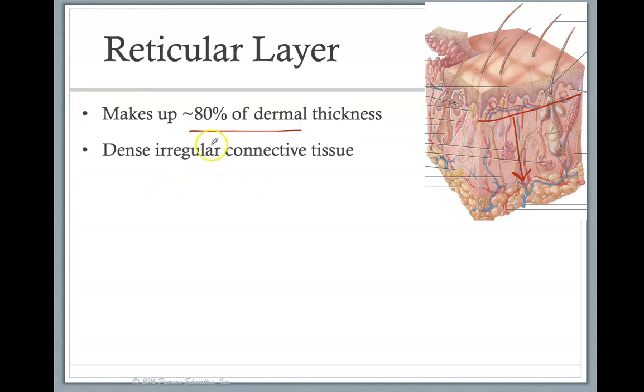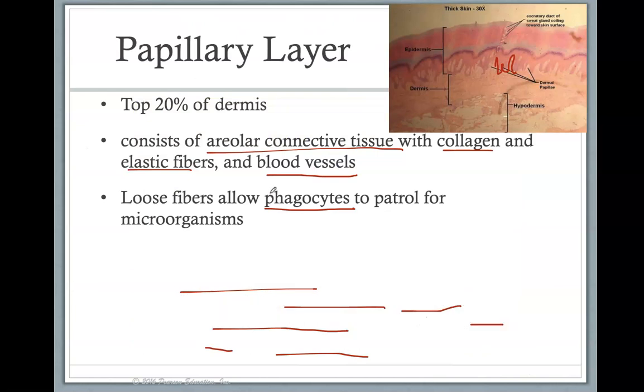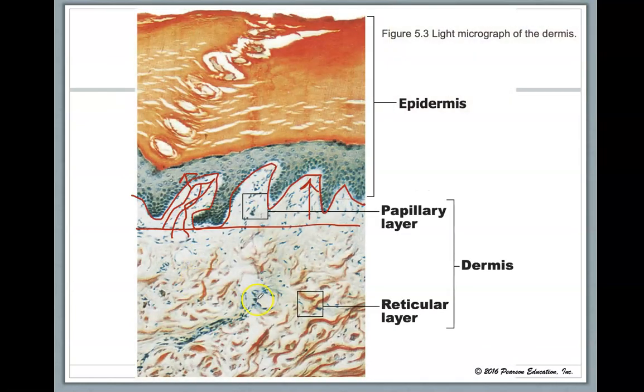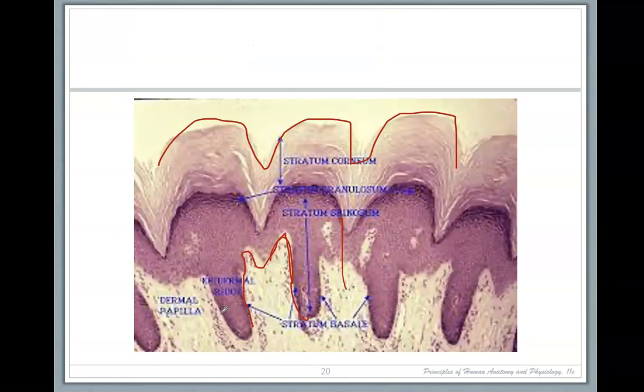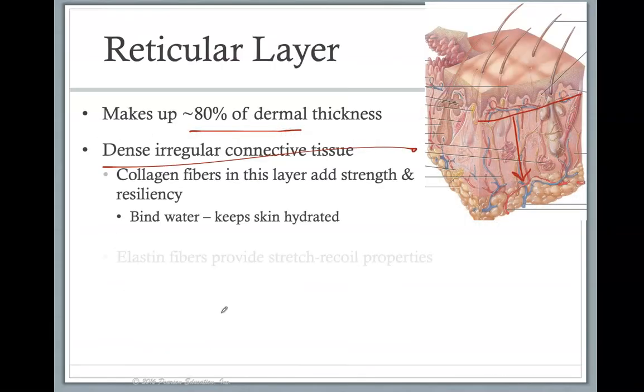And here it's going to be mostly this dense, irregular connective tissue, okay? And so you can really see that a few slides ago when I had this one up here. You can really see this dense, irregular connective tissue, which is why I like that slide. So again, that's making up that lower 80%.